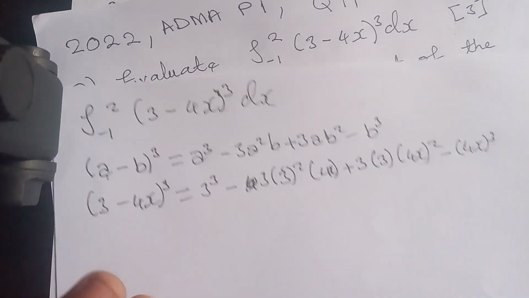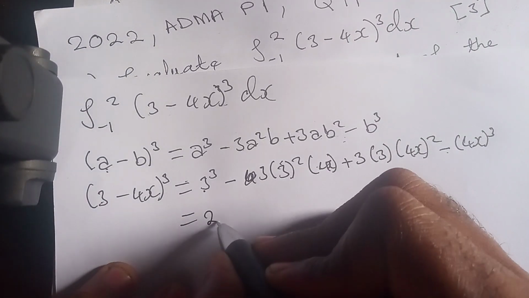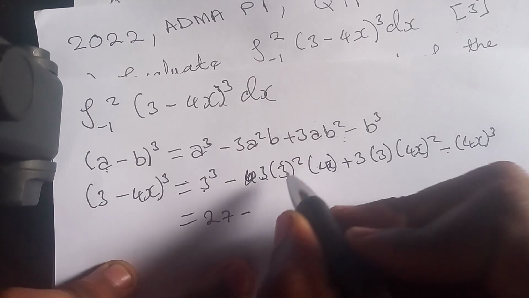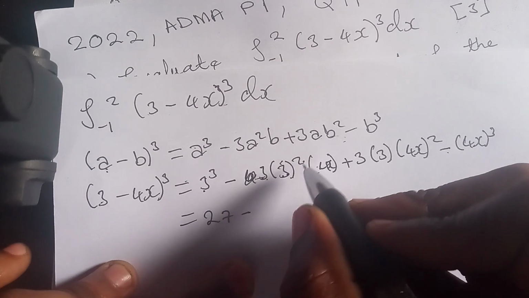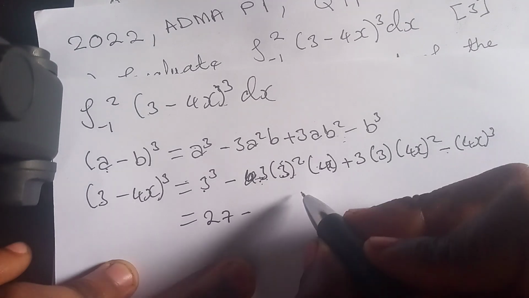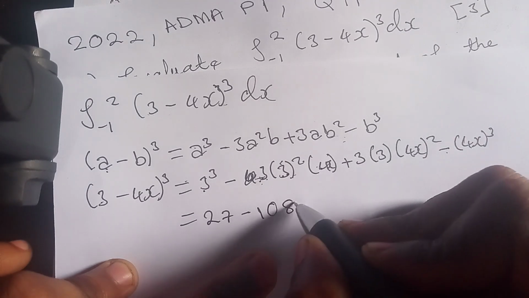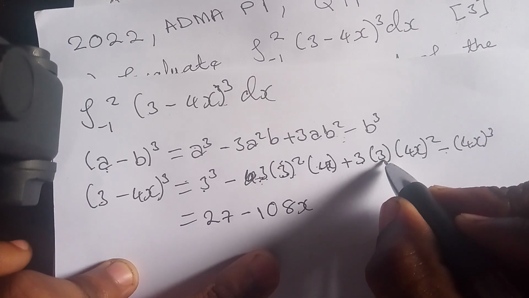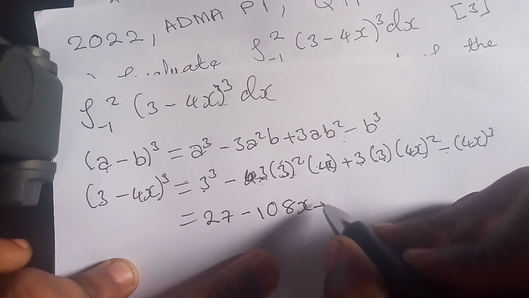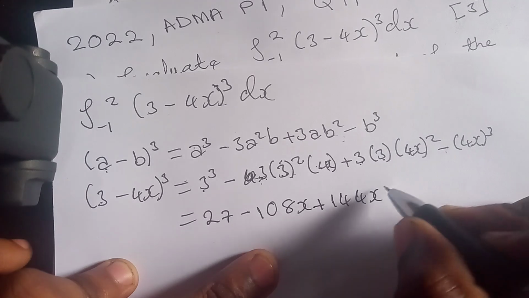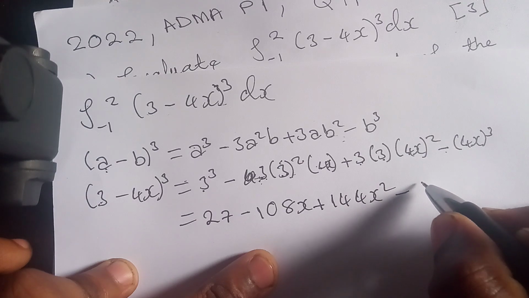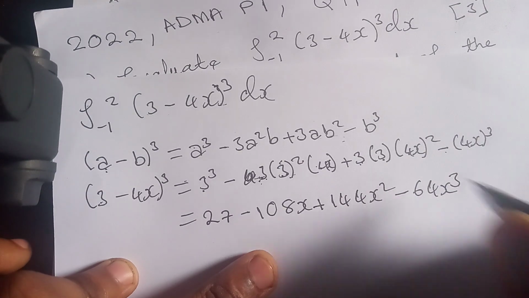So this is 27, and then 3 squared times 3, that's 27 again, multiplied by 4, this is 108x, and then 3 times 3, that's 9, multiplied by 16, that's 144x squared, and then 4 to the power 3 is 64x to the power 3.